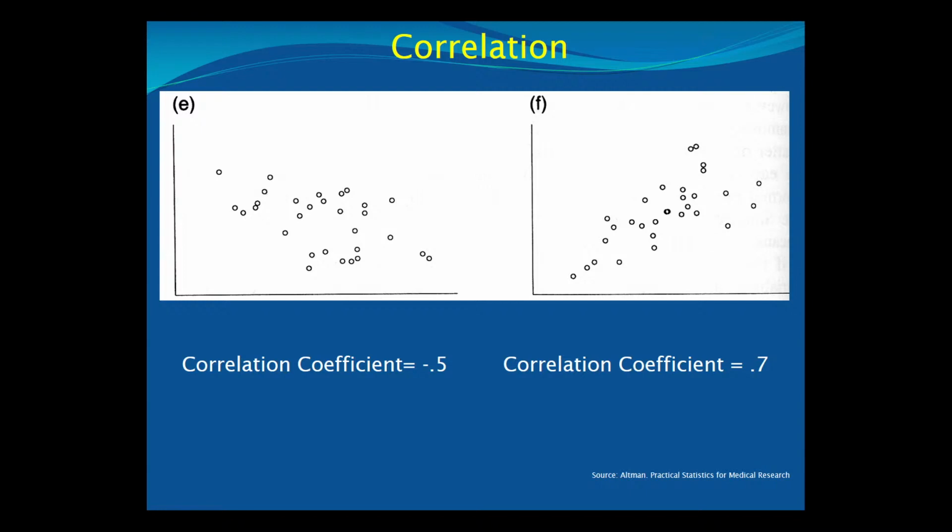In graph F, all points go upward. Look at the correlation coefficient for graph F. It equals 0.7. So if we get a negative sign, this means negative correlation. For a positive sign, we have positive correlation.